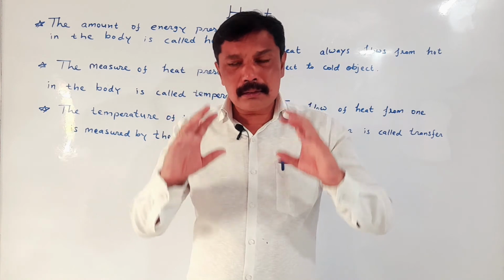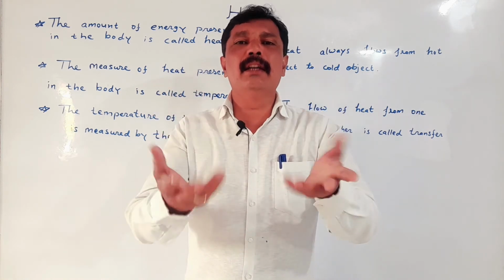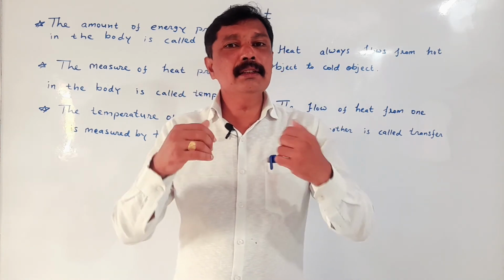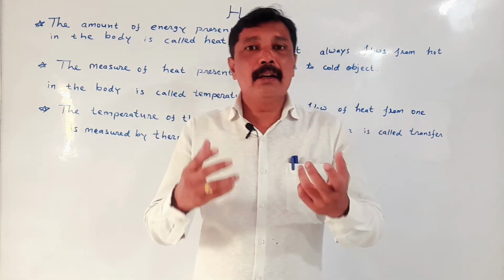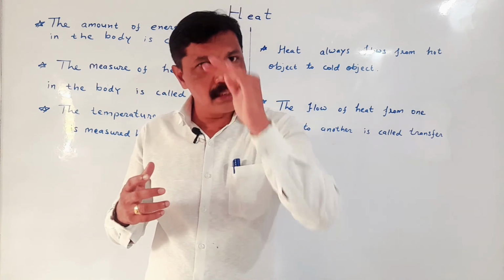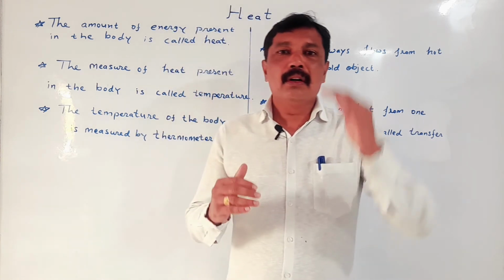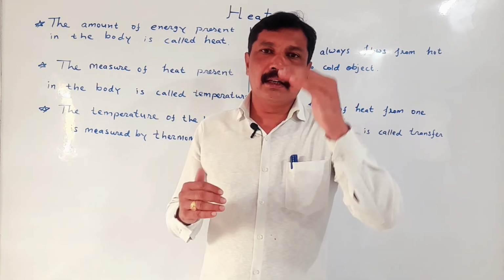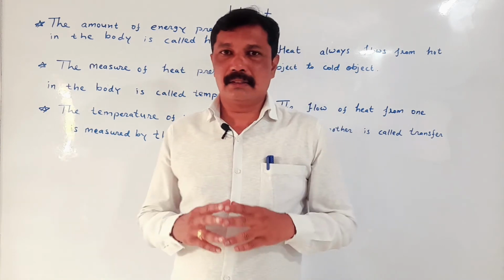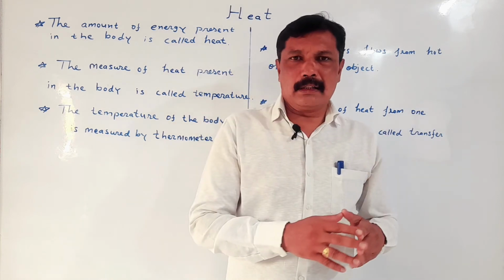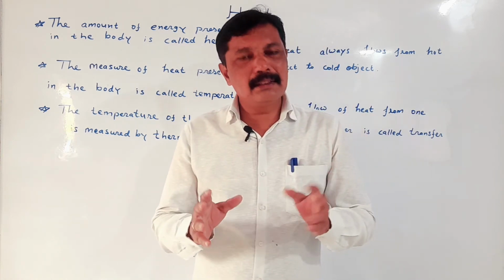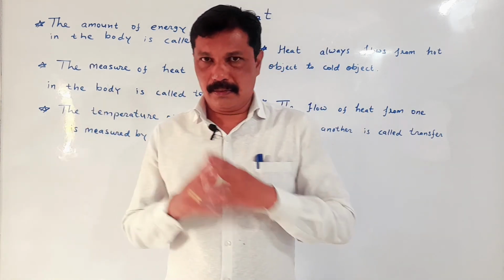When the substance liberates the heat, or when the heat is given out of the substance, then the amount of heat present in the substance decreases, and therefore the temperature of the substance decreases. Heat can flow from one part to another part, and this is called transfer of heat.